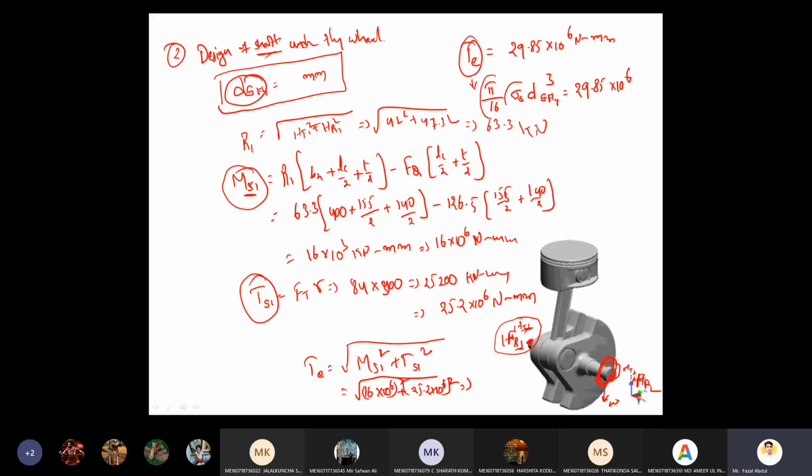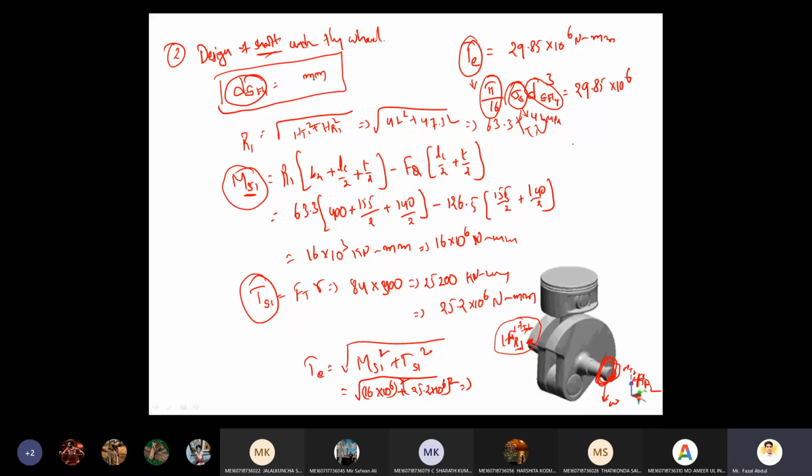Sigma s, the question itself mentions whatever data is required, so assume it in a suitable manner. And this is the size of the shaft under the flywheel that we are calculating now. So the sigma s value, how much? Based on the material, here I'm taking the sigma s value as 42 megapascal.